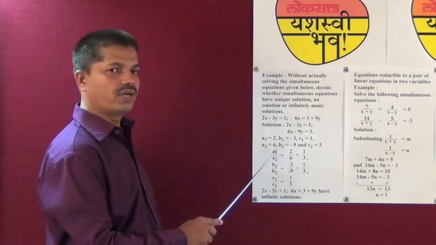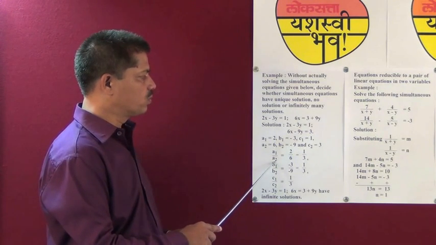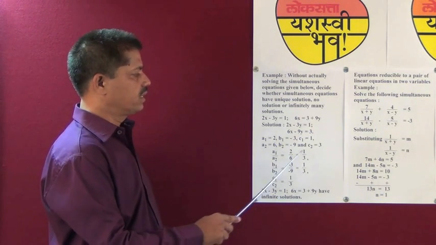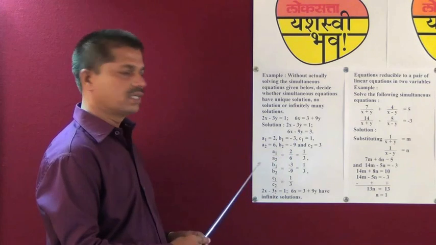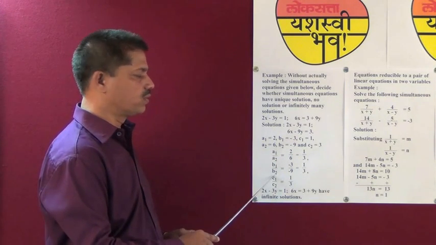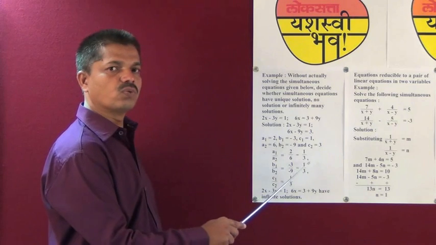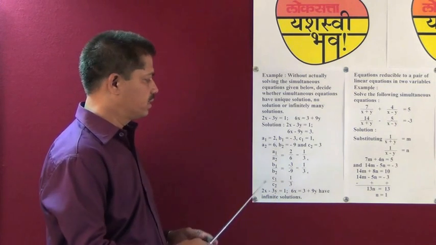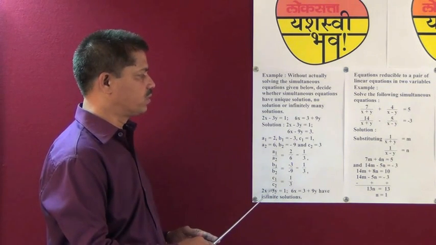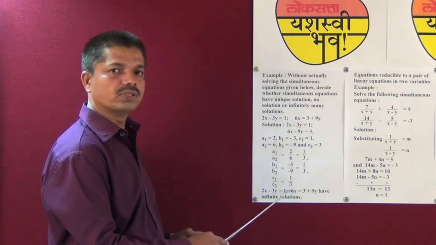Therefore, a1 upon a2 is equal to 2 upon 6 is equal to 1 upon 3. The value of b1 upon b2 is equal to minus 3 upon minus 9 is equal to 1 upon 3. And the value of c1 upon c2 is equal to 1 upon 3.